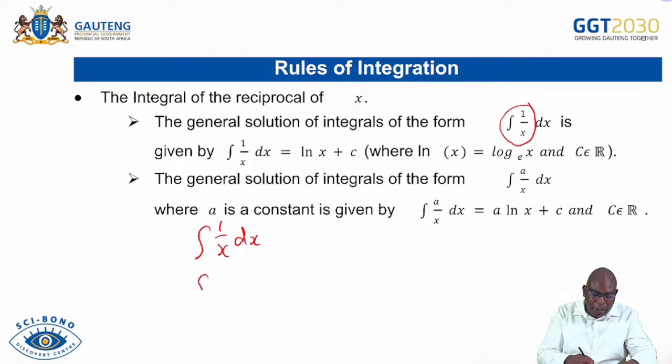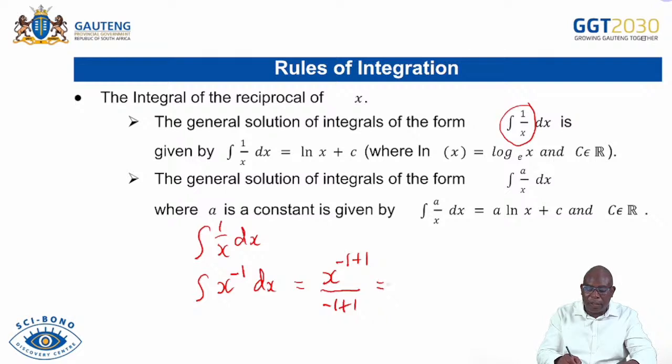So this one will be x to the power minus 1, remember, in exponents. So if I'm trying to integrate this, I'm going to have x to the power minus 1 plus 1 divided by minus 1 plus 1. Look at what is going to happen here. Now I'm going to get x to the power 0 over 0.